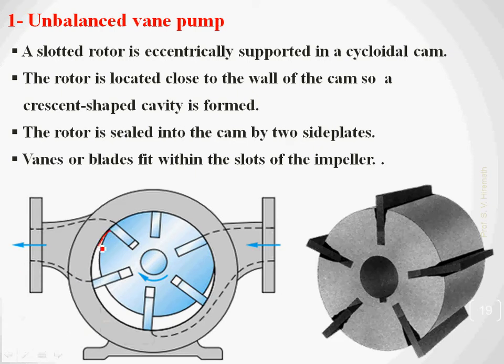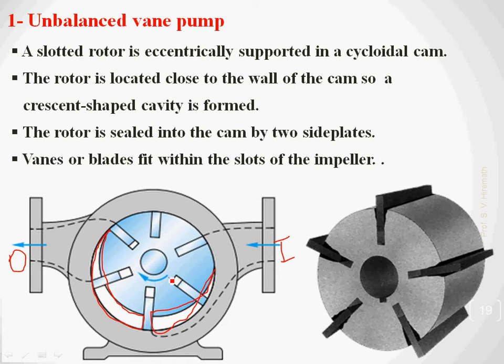If you observe from this position to here, there is an increase in the volume, right? And if you observe from here to here, there is a reduction in the volume. Here I am considering this as the inlet and this as the outlet, right?